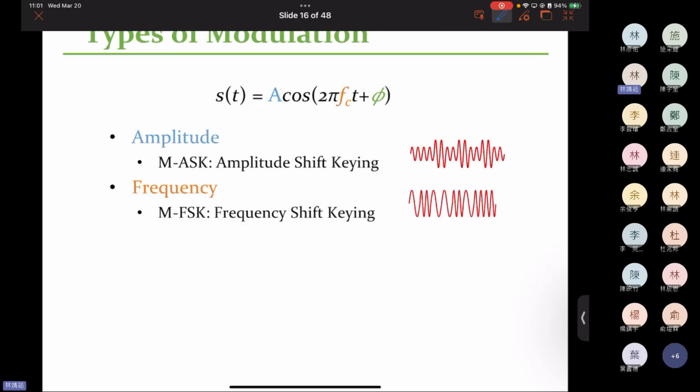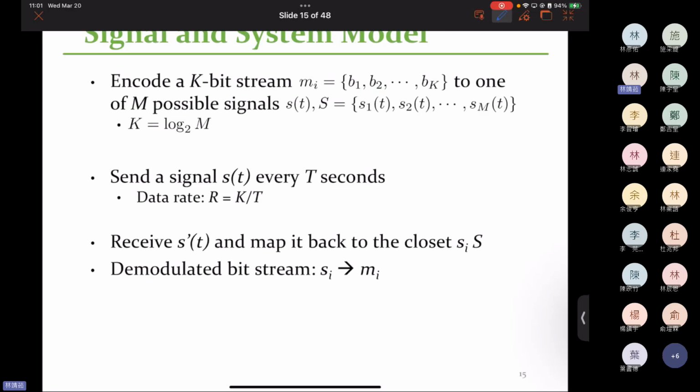OK, let's finish these 2 slides and then we can take some break. So for a modulation scheme, if we want to write this mathematically, basically what we want to do is, given a k-bit string, where k is the length of the bit string, for example, we want to encode k bits at a time, and then convert these to n possible signals, which means, as I said, we have a set of a plus bi.